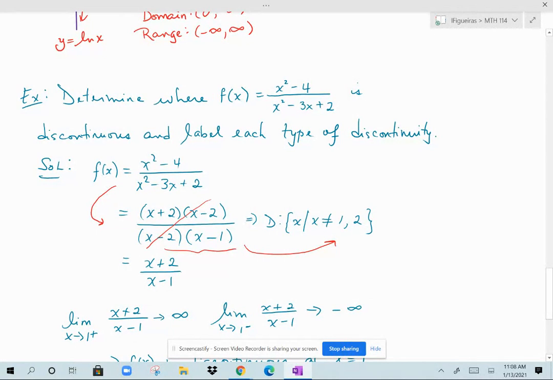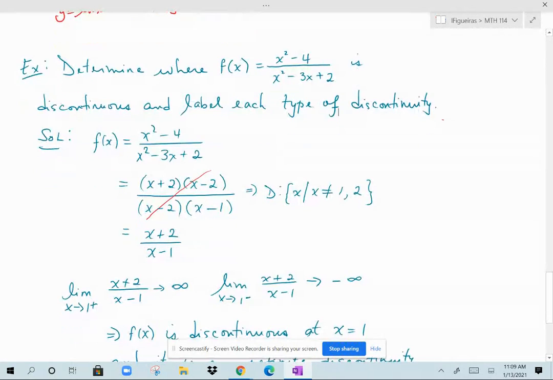Because when x is 1, I will get 0 in the denominator, and when x is 2, I will get 0 in the denominator, and we know that that is undefined. So I have 2 discontinuities, at 1 and 2, but I have to figure out what type they are. Are they removable, a jump, or infinite? And they don't both have to be the same.